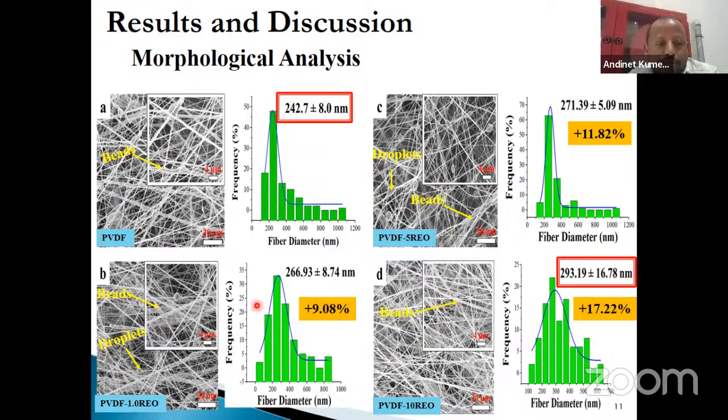And when we come to its morphological appearance, as you can see here, apart from the 10% rosemary essential oil sample, the others have beads and droplets embedded in them. So a relatively smooth, bead-free, droplet-free nanofiber morphology was observed at the higher rosemary essential oil concentration.